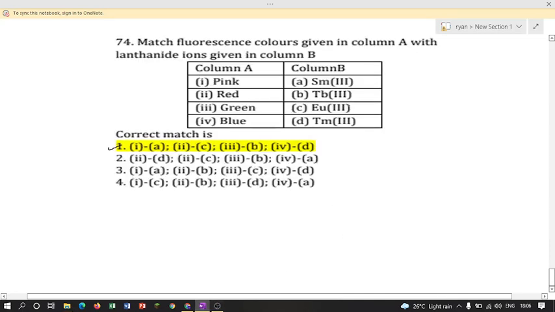Next question: match the fluorescence color given in column A with lanthanide ions given in column B. This question I have taken from 2018. The fluorescent colors of tripositive lanthanide ions. Here I am going to write Ln, tripositive lanthanide ions, and fluorescence color.